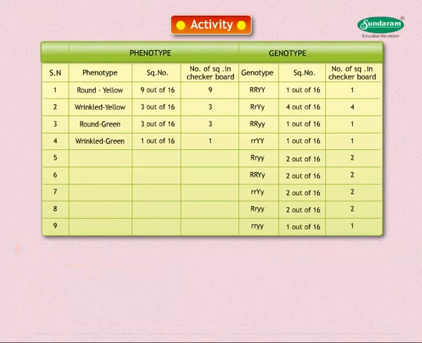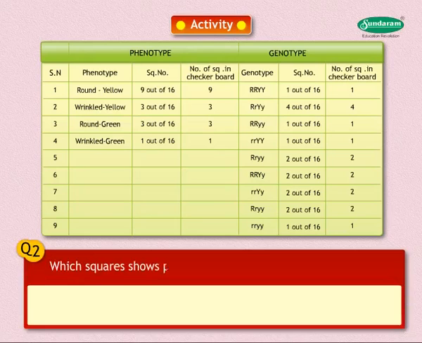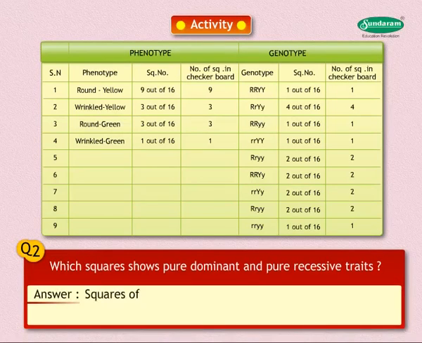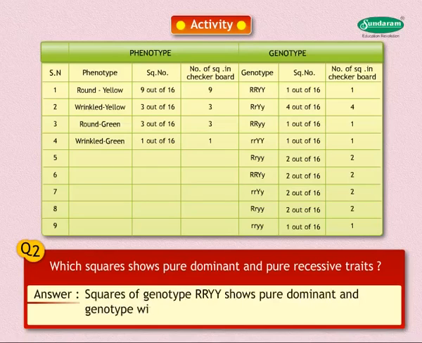Which squares show pure dominant and pure recessive traits? Answer: the square of genotype RRYY shows pure dominant and the genotype rryy shows pure recessive traits.